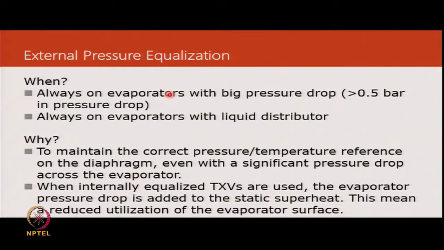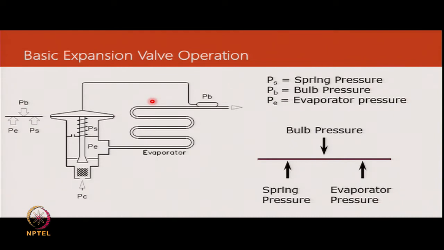Then we have another expansion valve category, which is thermostatic expansion valve with external pressure equalization. So if you see this simple system, we have connected the evaporator pressure directly, and we don't seem to recognize any pressure drop in the evaporator.